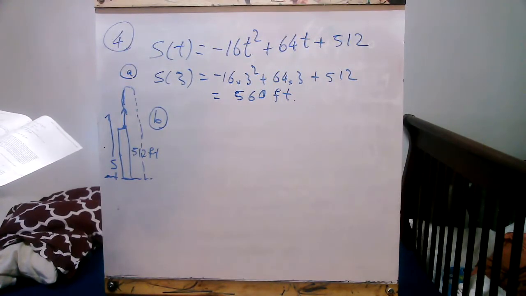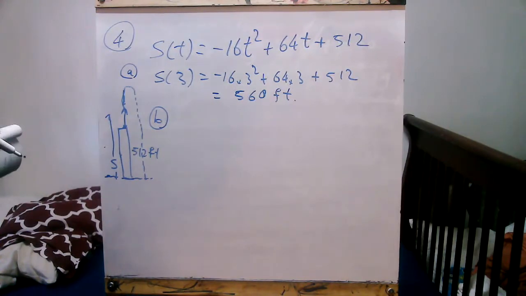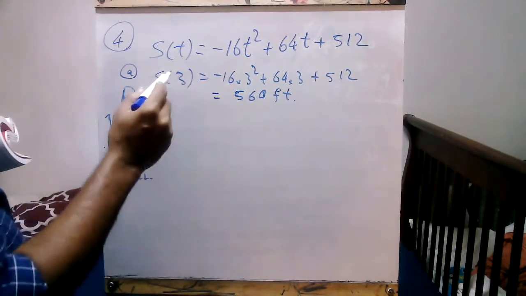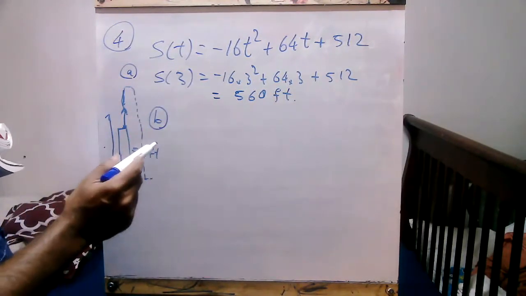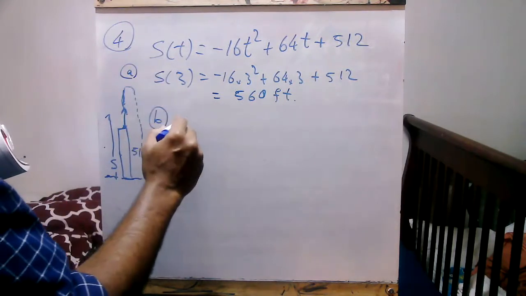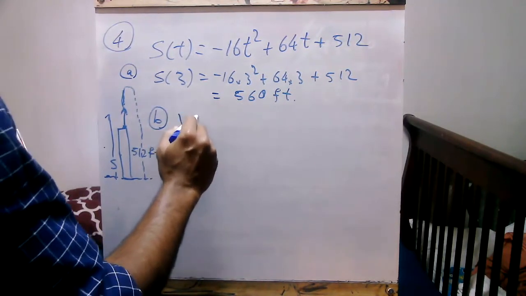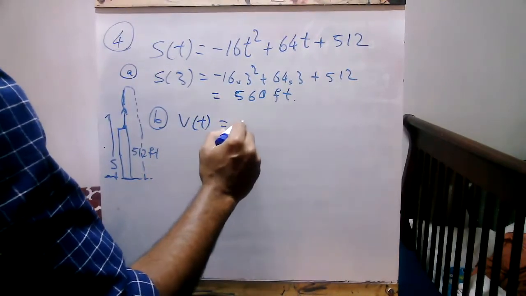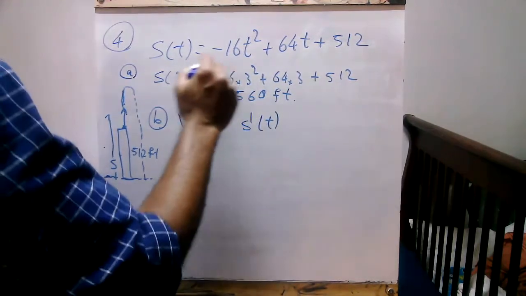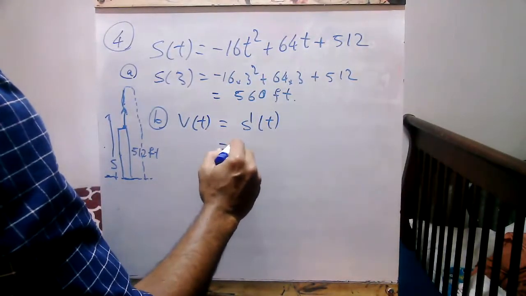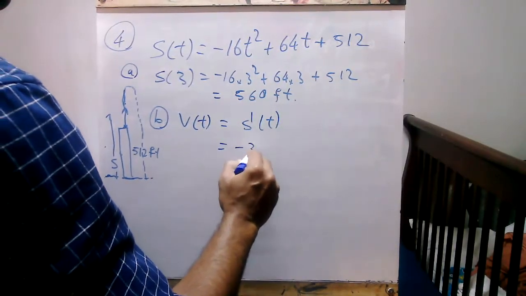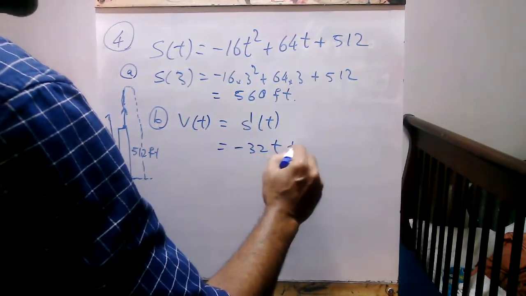Part B, determine the velocity at the end of 3 seconds. Before we find the velocity at 3 seconds, we have to find the velocity function. The distance function is given. The velocity function is equal to the derivative of the distance function. Differentiate this, we get negative 32t plus 64.